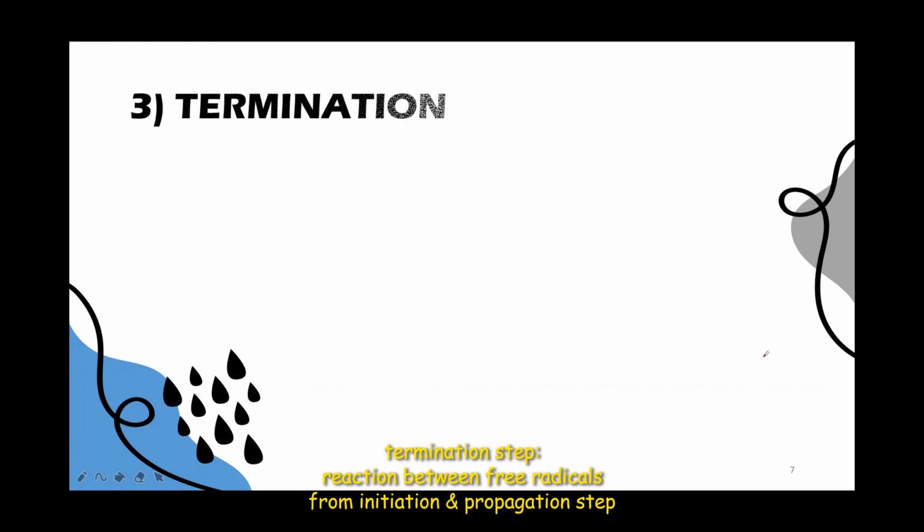Now we go to the last step, the termination step. Termination step ni melibatkan reaction between free radicals. So there are two free radicals yang terhasil daripada first step from initiation step and also from propagation step, which is Br dot and the free radical of cyclopentane.